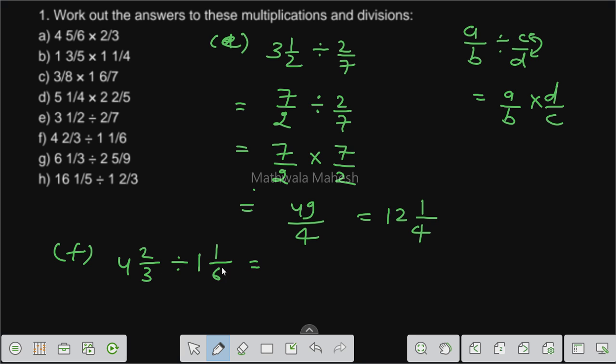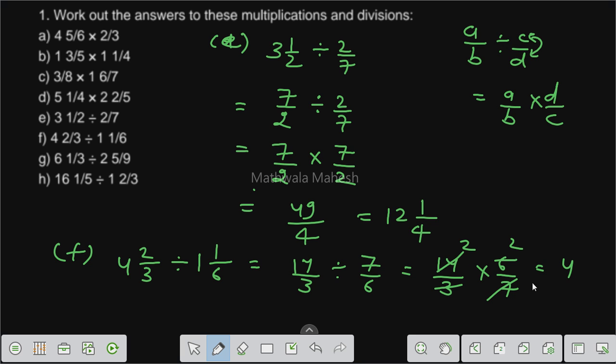This is 12 plus 2, 14 upon 3, and 6 plus 1, 7 by 6. Okay, so 14 upon 3 into 6 upon 7. So 7 2s are 14, 3 2s are 6. The answer is 4.